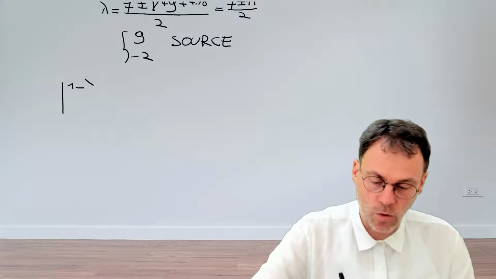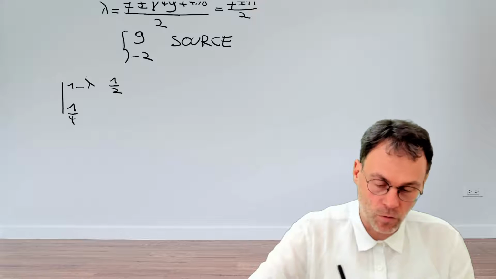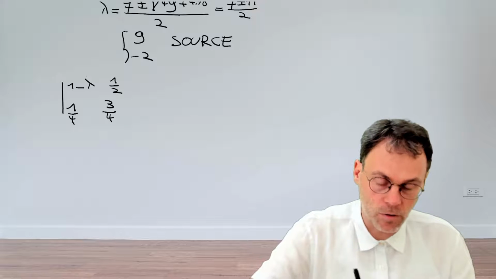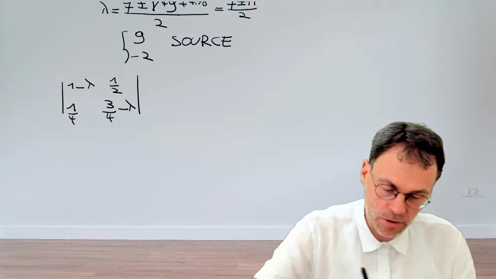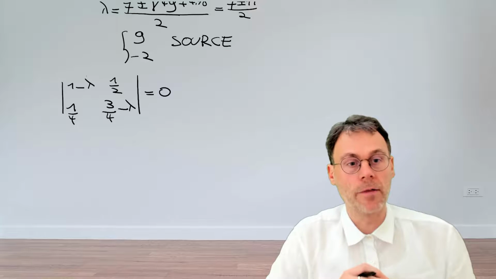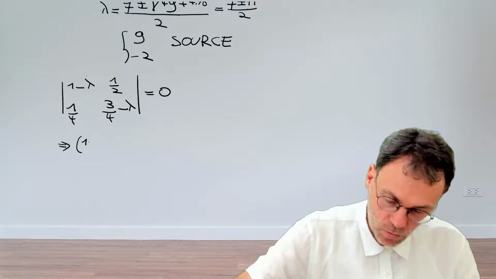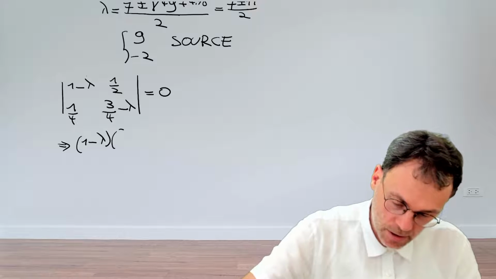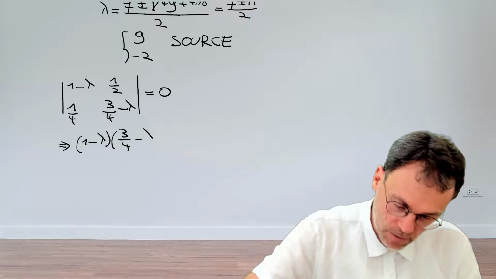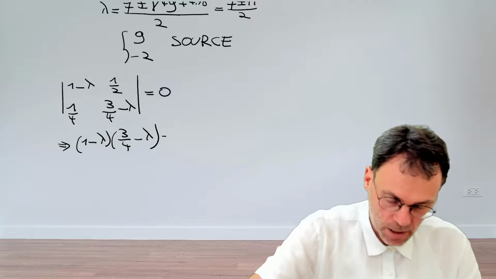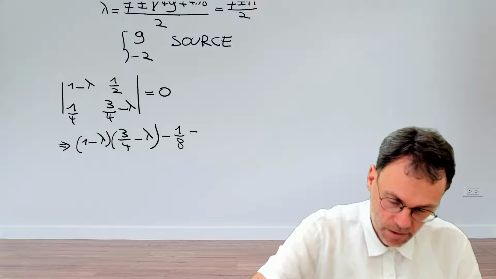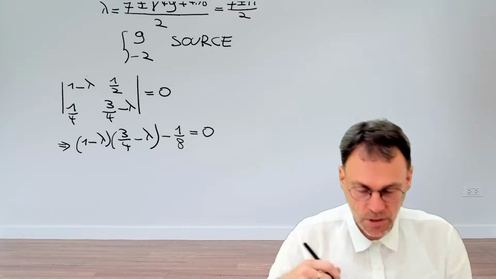So we have 1 minus lambda, a half, 1/4, 3/4 minus lambda. That's the determinant, and it should be equal to 0.